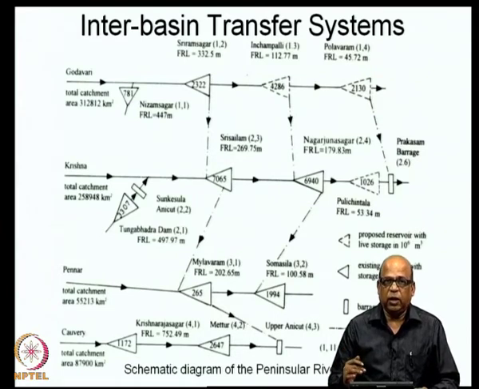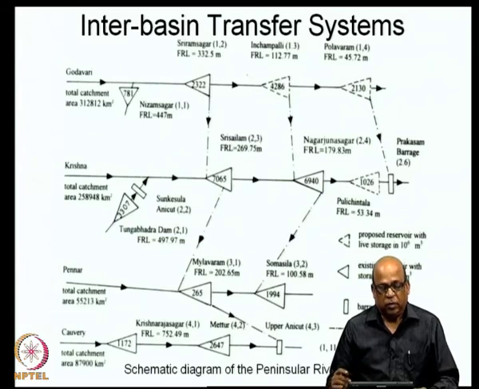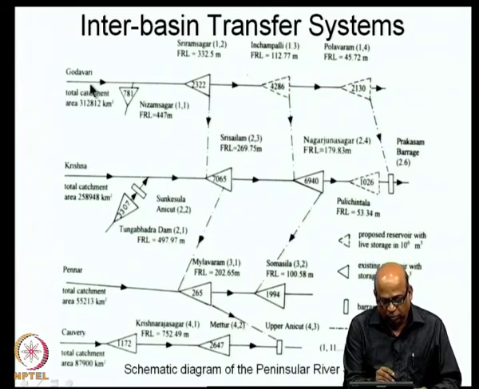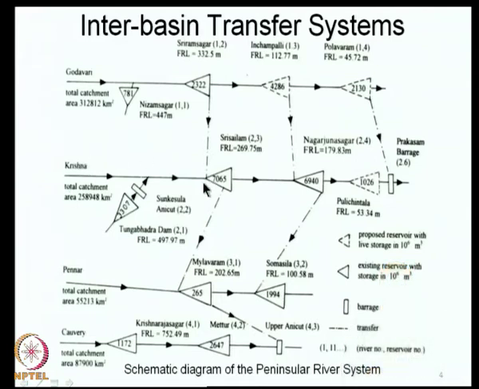The first level exercise is to build a good simulation model, which means what? We will have the inflow sequences at all of these reservoirs, that is, the natural inflow sequences. Then we may start looking from the downstream most reservoir or from the upstream most reservoir. For example, we may start looking at the downstream most reservoir of a particular river basin.